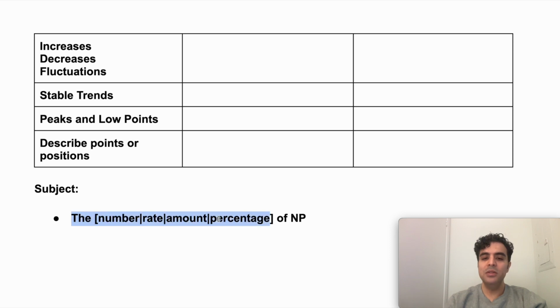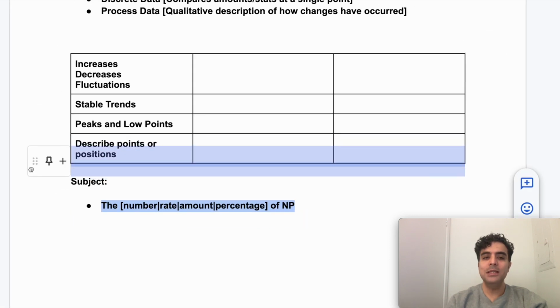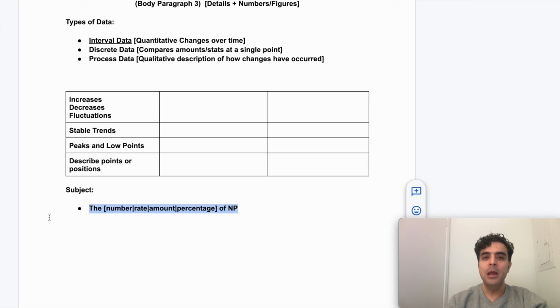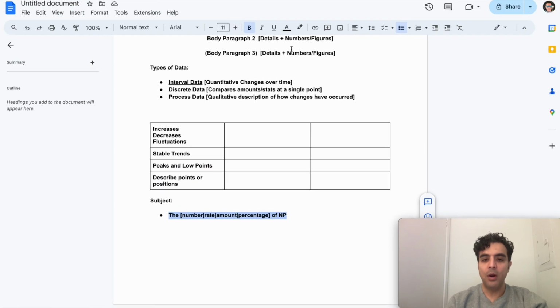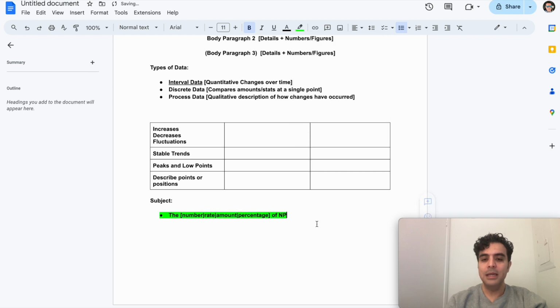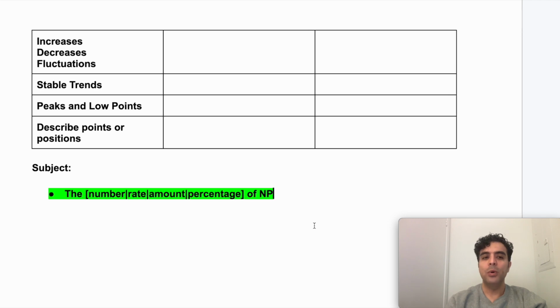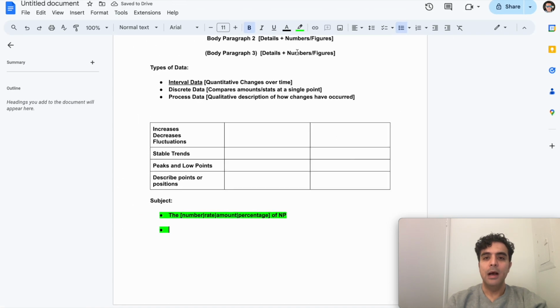And this is going to form the subject, right? And we're going to use this subject in different parts of our report and to different ends. So I'll highlight this in green so that we'll consistently use this color whenever we're referring to the subject, right? So far, the subject has been formed.